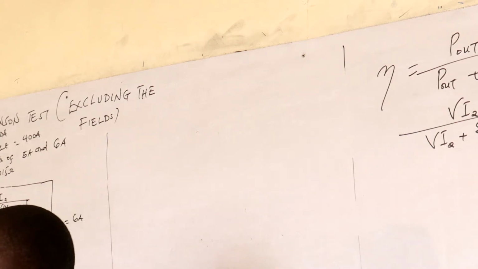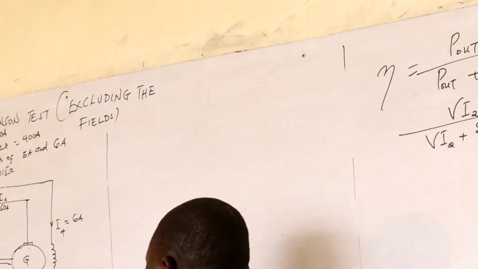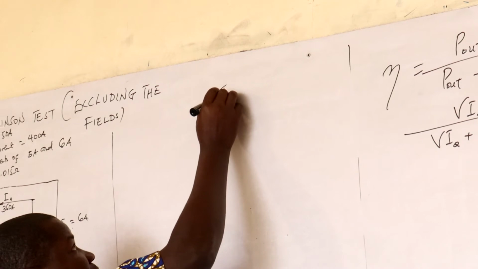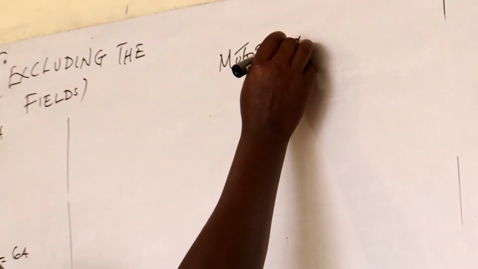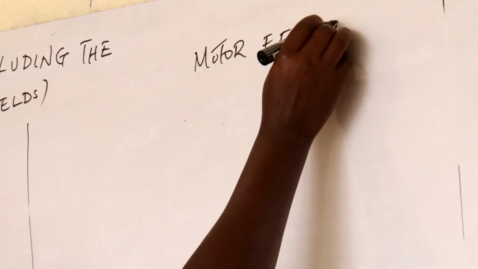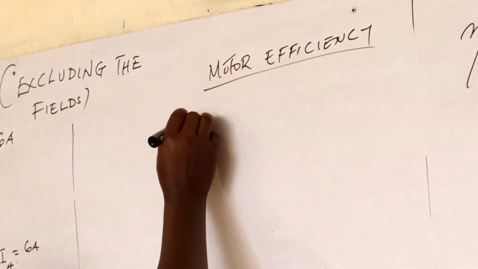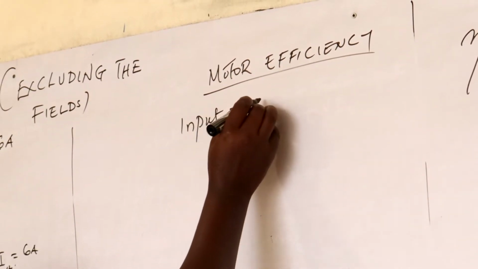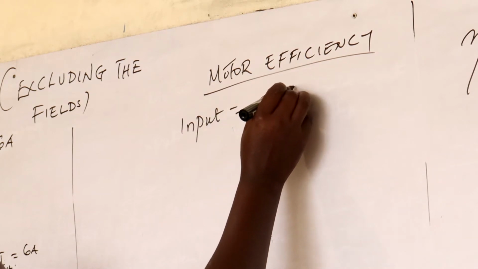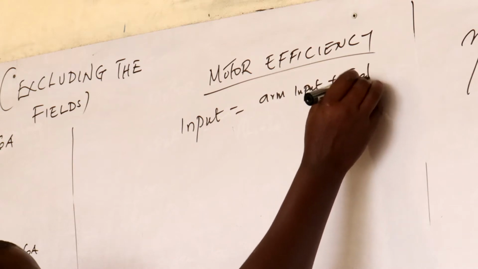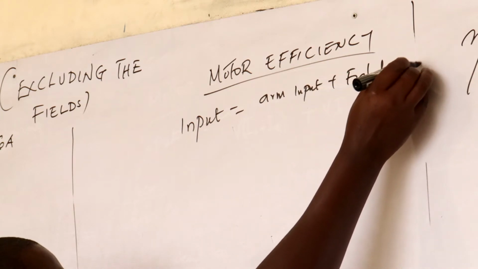So once you get WC, then you can get the motor efficiency. We start with the motor input. Remember we said input is equal to the armature input plus the field input.